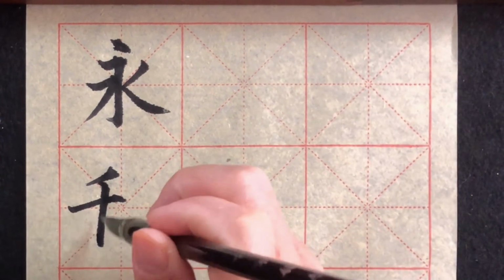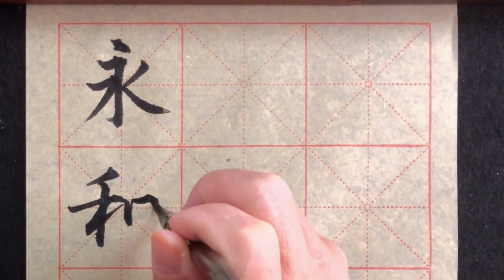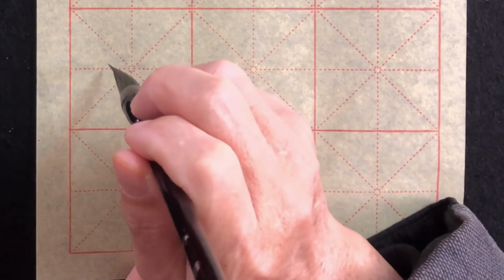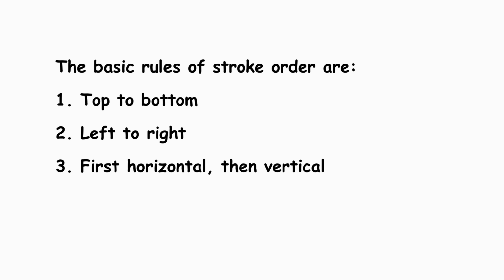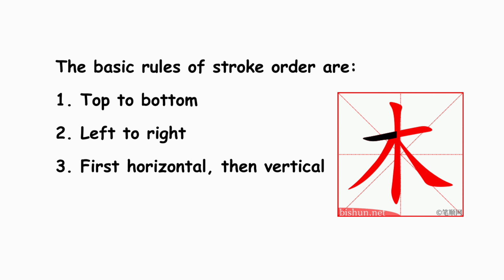Can you imagine how tiring it would be if he wrote in a different order? Now, the basic rules of a stroke order are top to bottom, left to right, first horizontal, then vertical. It may sound difficult, but don't worry, we will practice together and it's not as hard as it seems.